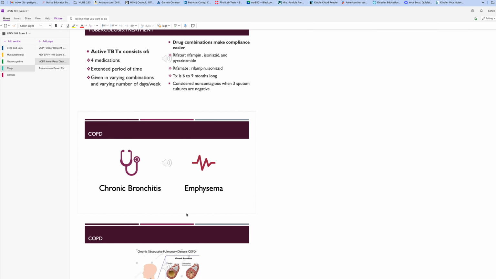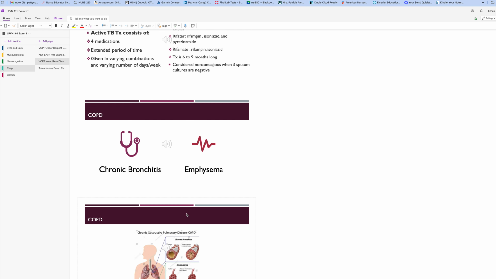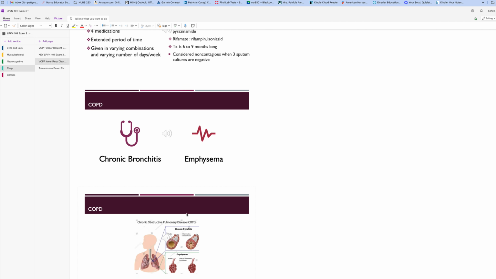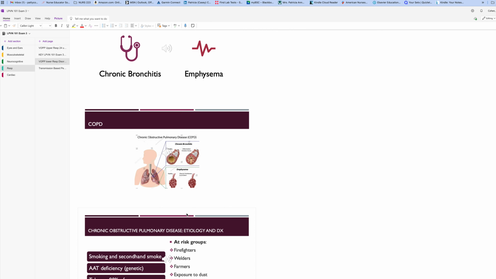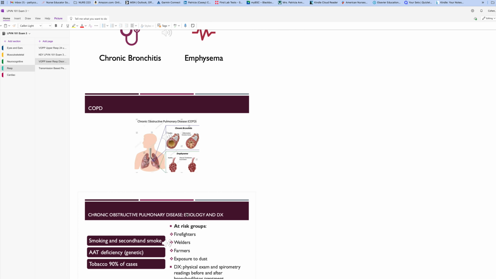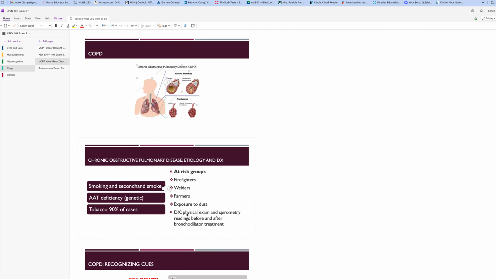COPD, that's another condition we're going to talk about. There's 2 kinds of conditions, chronic bronchitis and emphysema. I'm going to be honest with you, patients usually have both at the same time. So we can kind of put them all in one category, okay? So with COPD, the risk factors are people that smoke or people that work in restaurants.